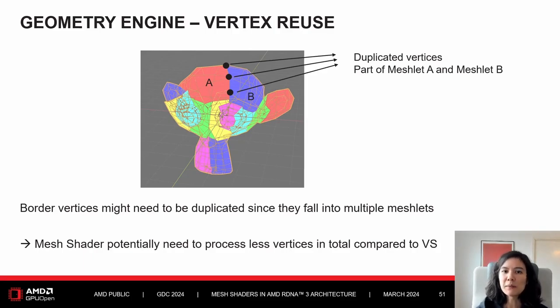We've seen this in Max's example already. However, the amount of vertices that are getting processed might be less when using mesh shaders because we have less vertex duplication. So here you have a potential advantage when using mesh shaders.